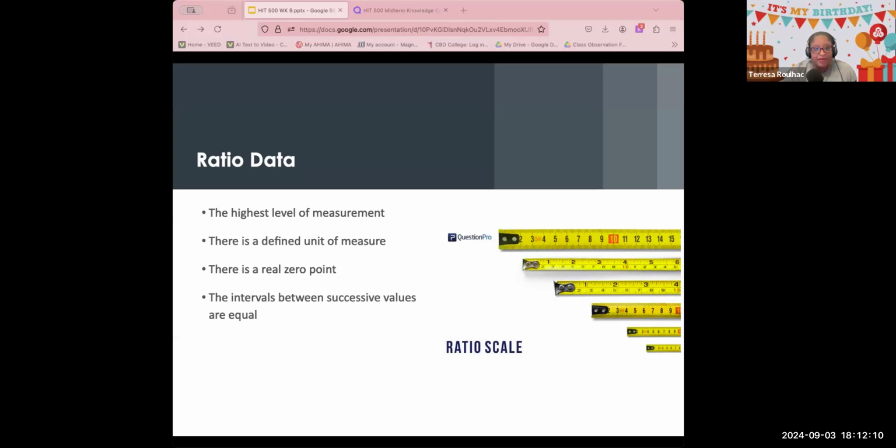So far, recapping everything, ratio has a defined 0 point, making it the most accurate type of data. Example 11.4, the ratio scale is age. So the difference between two consecutive years would be the same, age 1 and 3, as 55 and 57.